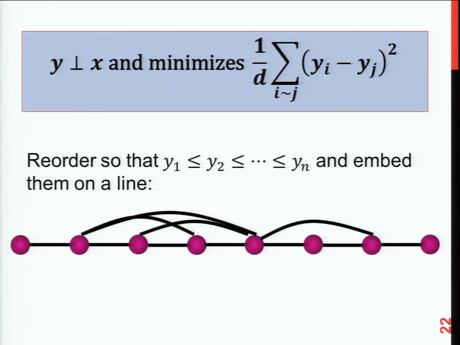Because if you have a very long edge, say from the first node to the last node, this quantity becomes very large. Suppose 1 and n are connected, then y1 minus yn would be very large, which makes this value very large, right?